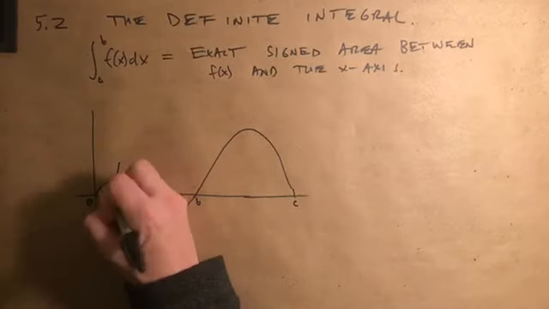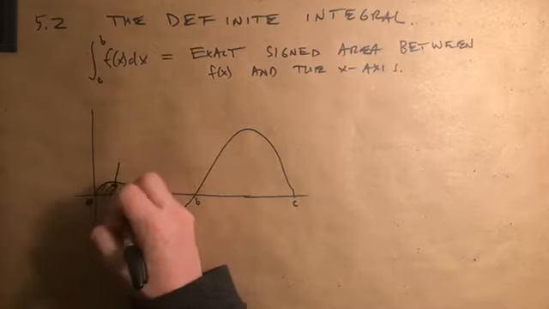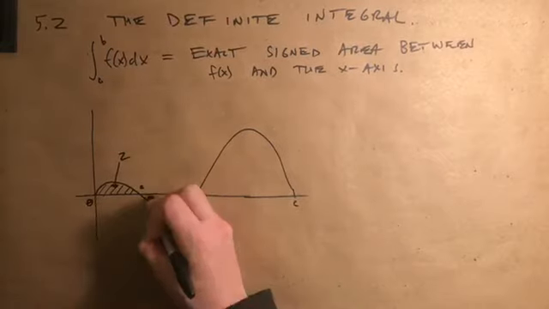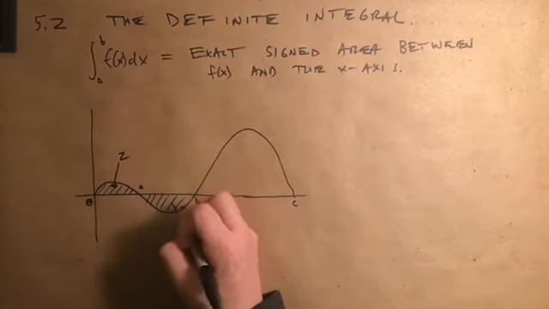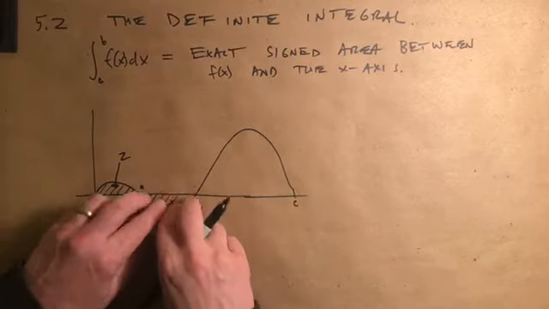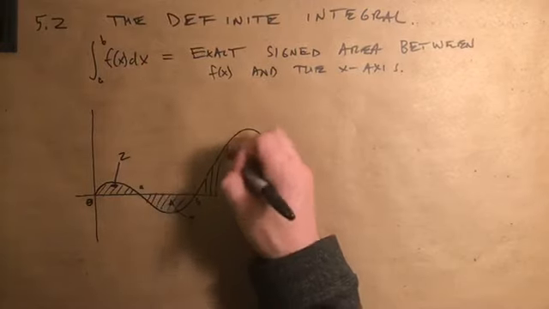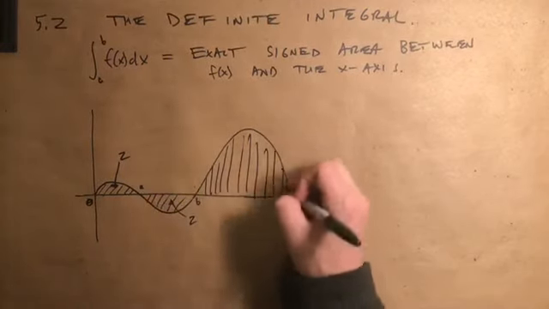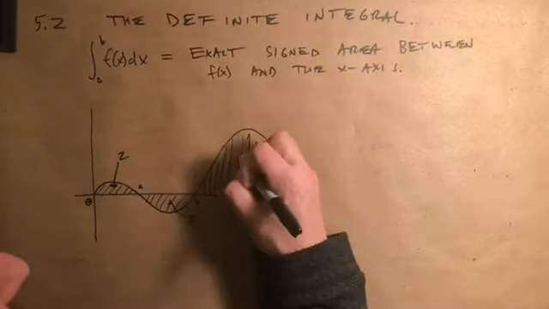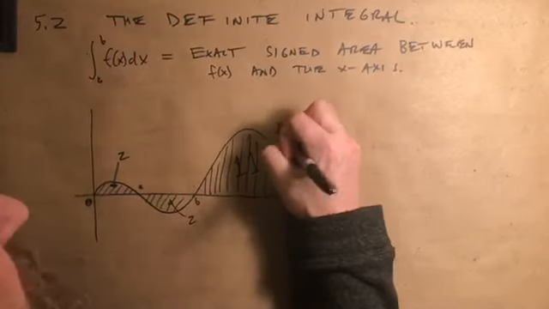I'm going to tell you that this area here, the area underneath the curve that I'm hashing out there, will be equal to 2. Let's say the area here is also equal to 2. But notice that it's below the x-axis. And let's have this area be equal to 11. Good. Let's call this f of x.